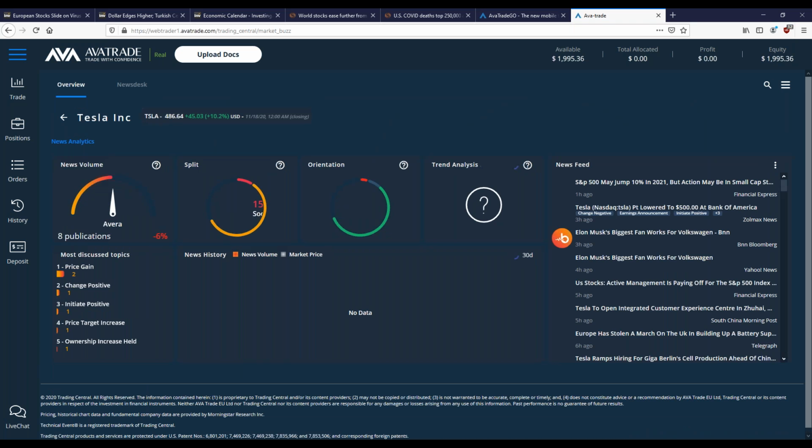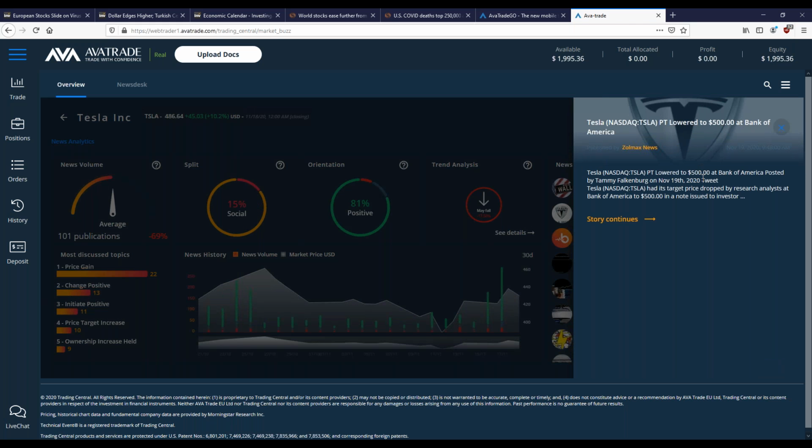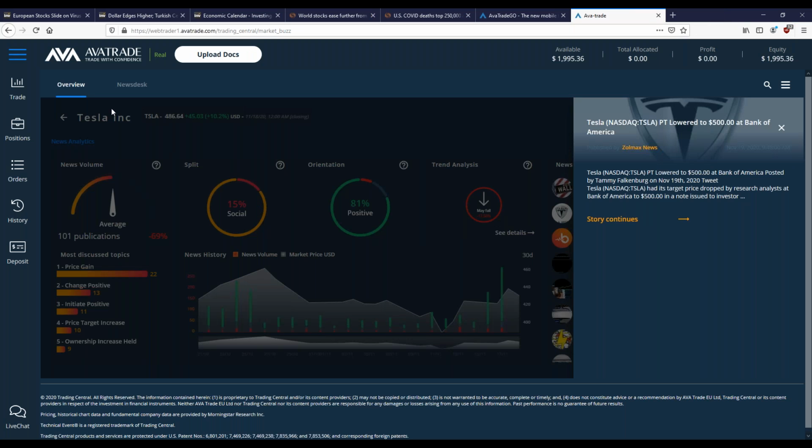It brings up the news stories about Tesla. You say, oh, okay, what's this about Bank of America with Tesla? And you want to learn about it, click on the article. Gives you a little snippet, and you can also pull up the whole story. There it is, okay? Very nice tools within this platform for both technical and fundamental analysis.